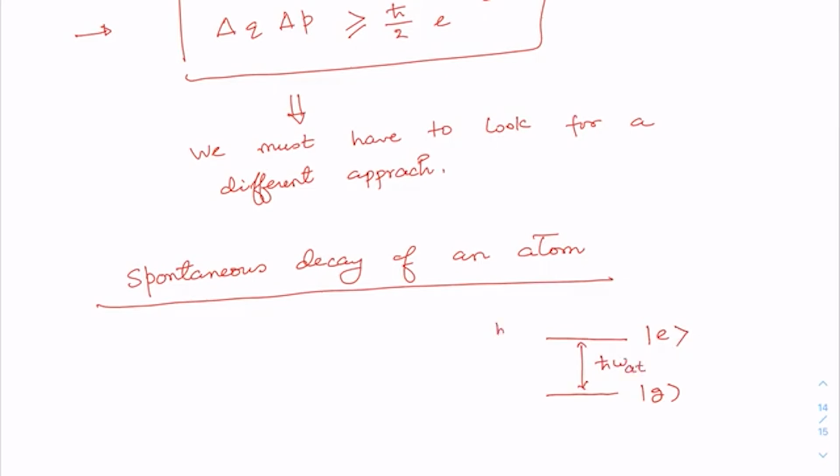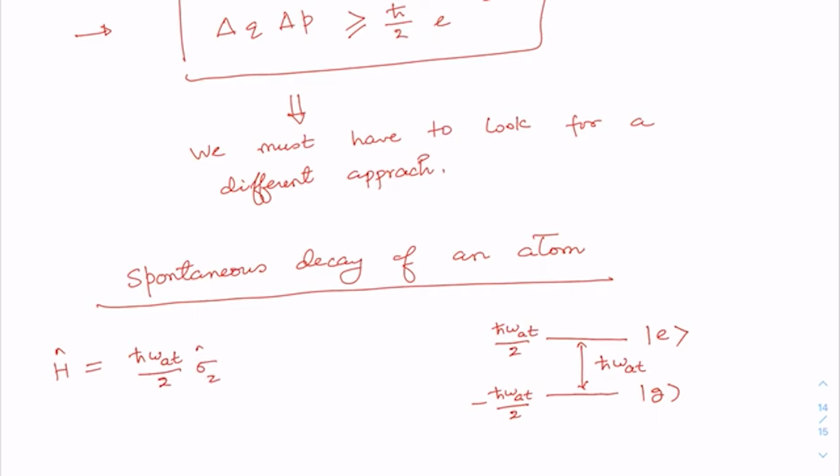Let me take the excited state to have energy ħω_atom/2, and the ground state to have energy minus ħω_atom/2. Then we can easily write down the Hamiltonian for the atom, simply ħω_atom/2 σ_z, the z component of the Pauli matrix.